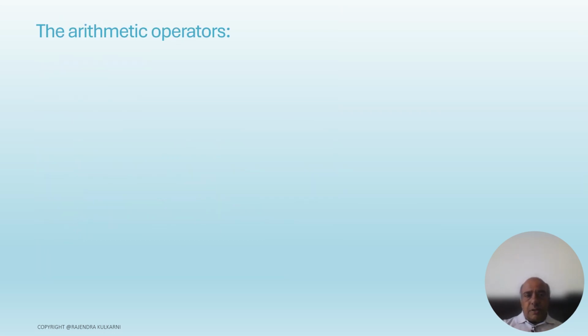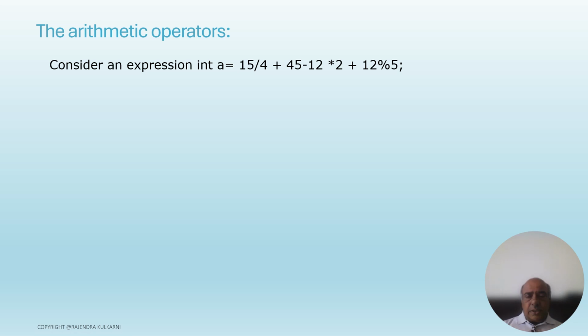There are arithmetic operators which we are going to see in this slide. Let us consider an expression int A is equal to 15 divided by 4 plus 45 minus 12 into 2 plus 12, then modular division 12 mod 5.